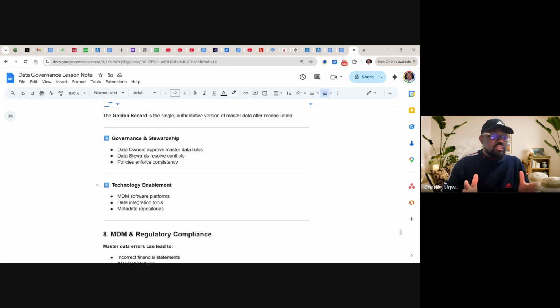These are some of the things that need to be put into consideration. So in this kind of environment, you need the service of a business analyst to work with you, but it's you that will determine the kind of model that will be used. So you need to understand the model that will be used.